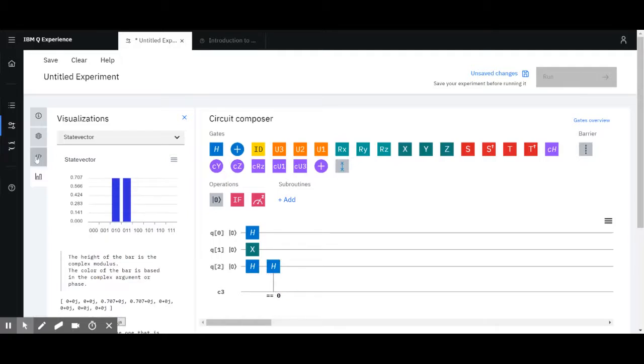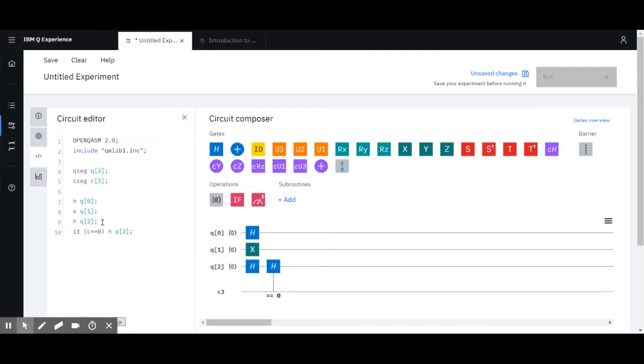I'm not so sure exactly what this is. Okay, I guess it says if C equals 0, then apply the Hadamard to qubit 2. That's basically what it's saying. But C is the entire register. Okay, so you can apply conditional operations based on your measurements.